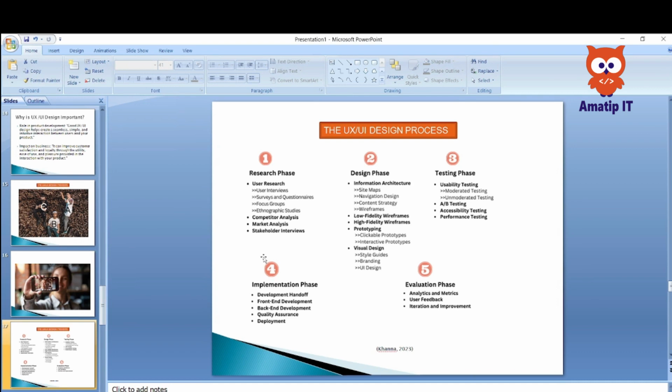Now I'll break this process down into 5 stages. The first stage of the UI/UX design process is the research phase. This is where you need to carry out user research, and when carrying out user research, we have different strategies and methodologies that we can adopt. You can use user interviews, surveys and questionnaires, focus groups, and different methodologies like that.